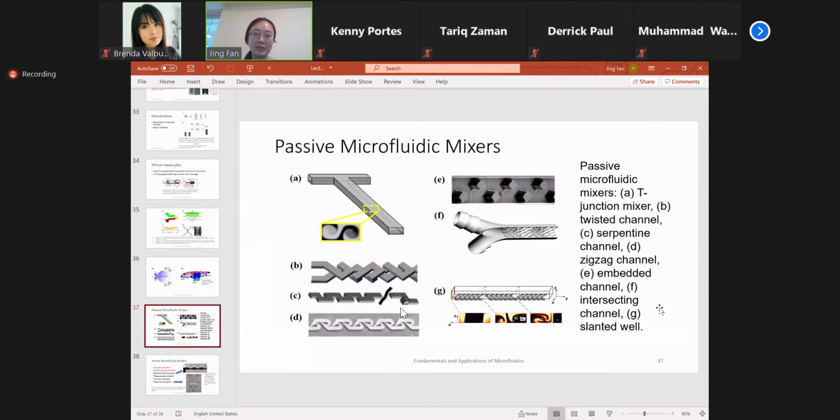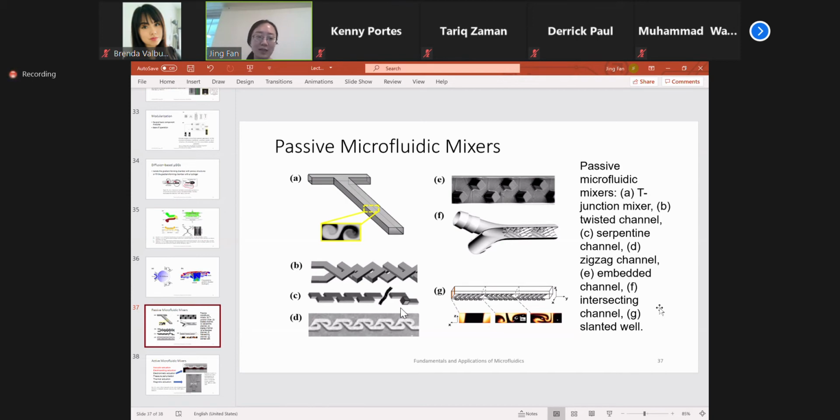Okay, next we will start to discuss microfluidic mixers. Microfluidic gradient generators generate a concentration gradient to study cellular behaviors, but there are also applications that require a fast and thorough blending of multiple constituents.